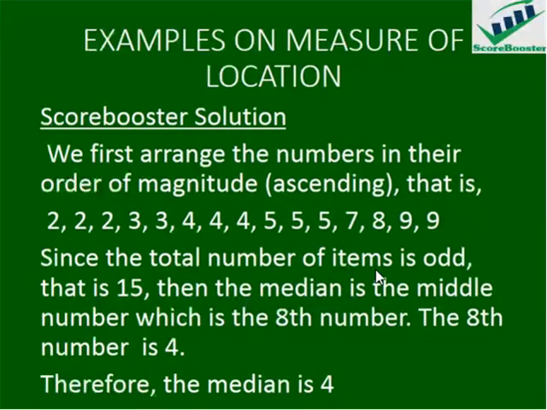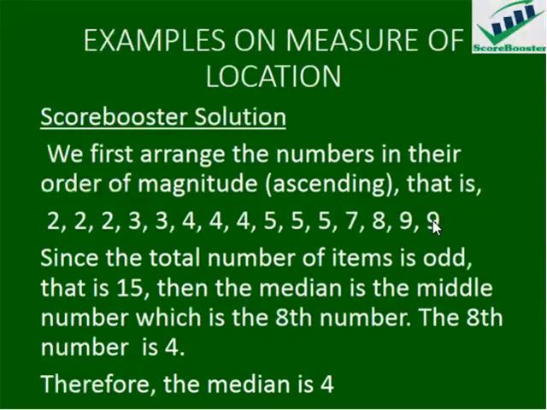That is when you have an odd number of items. If you have an odd number of items, you choose the middle number to be the median. Here we have 15 items, so the middle number will be the 8th number. We count from the right: 1, 2, 3, 4, 5, 6, 7, 8.